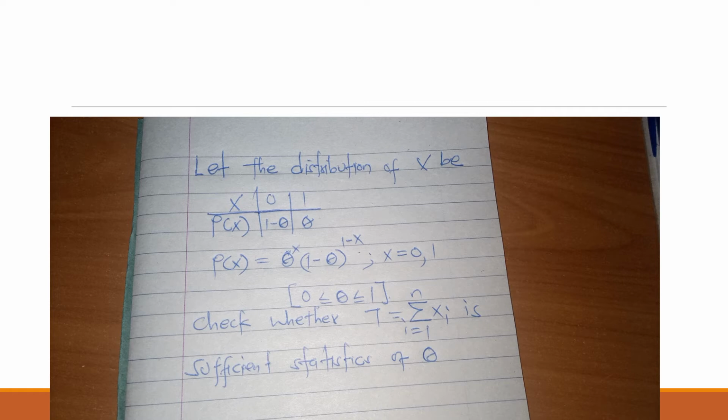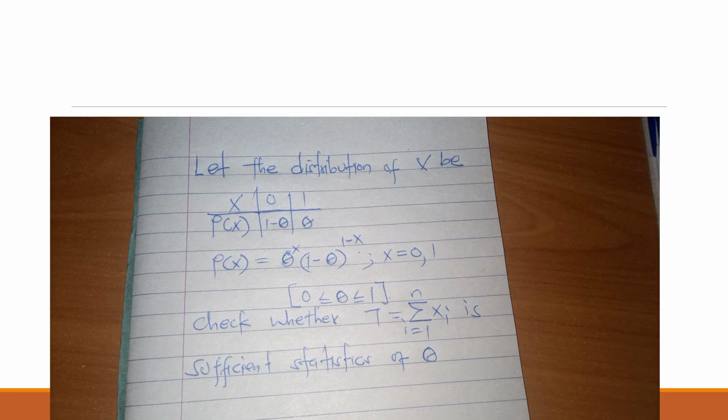The density function is given by theta power x, 1 minus theta power 1 minus x, for x equal to 0, 1, where theta lies between 0 and 1. That means theta is a fraction.